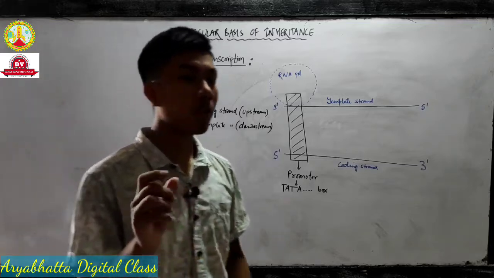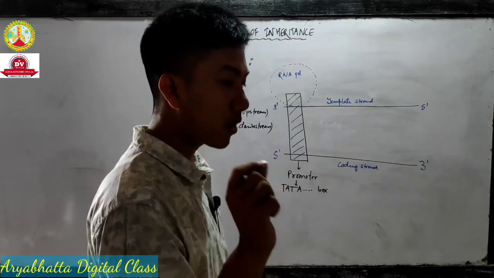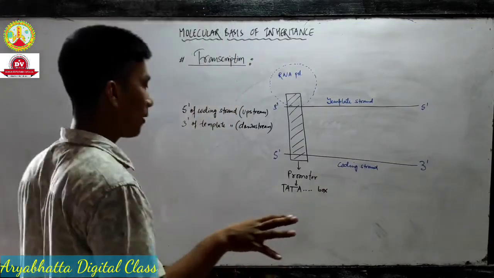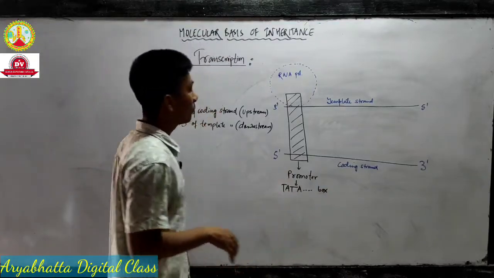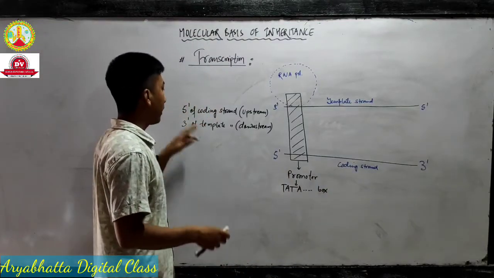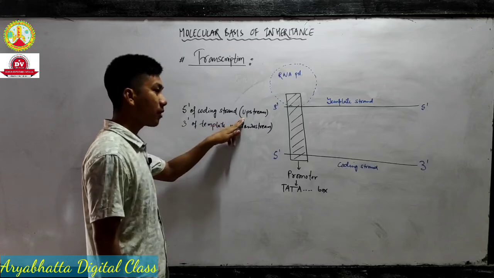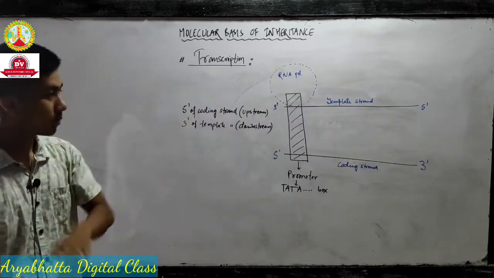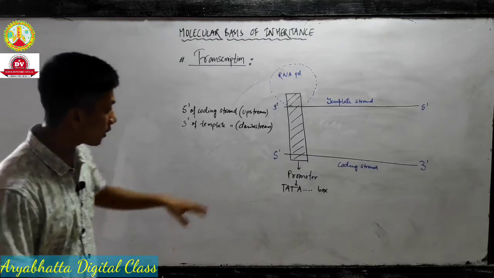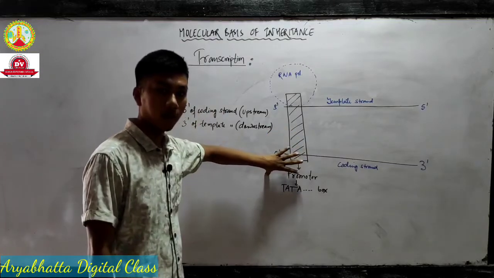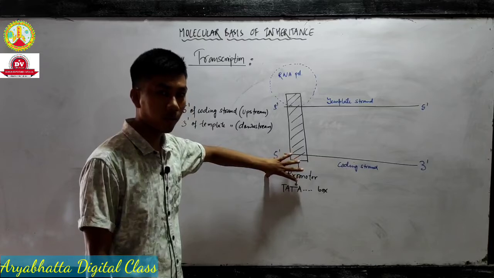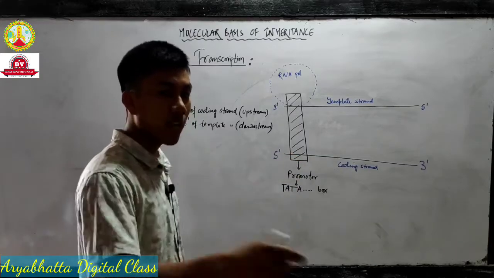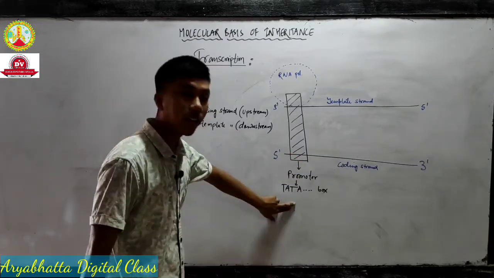Now the promoter is a short nucleotide sequence which is at the 5 prime of the coding strand, upstream, and the 3 prime of the template strand, downstream. Remember that. It is a short nucleotide sequence, about 20 to 30 nucleotides, rich in adenine and thymine. That's why we call it a TATA box.